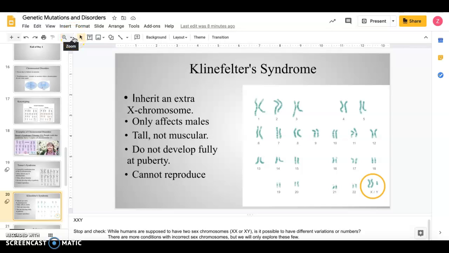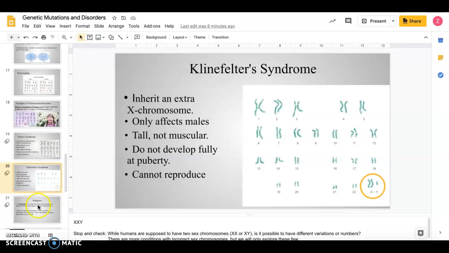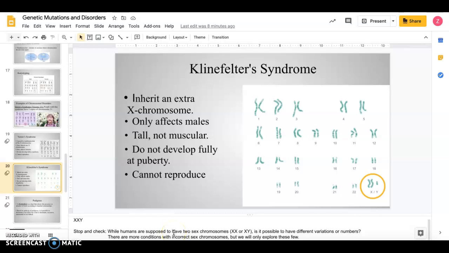We just talked about several different syndromes: Klinefelter's syndrome, where you have three sex chromosomes, and Turner syndrome, where you have one sex chromosome. There are also other conditions with incorrect sex chromosomes, but we're only going to explore a few, like Turner's and Klinefelter's.